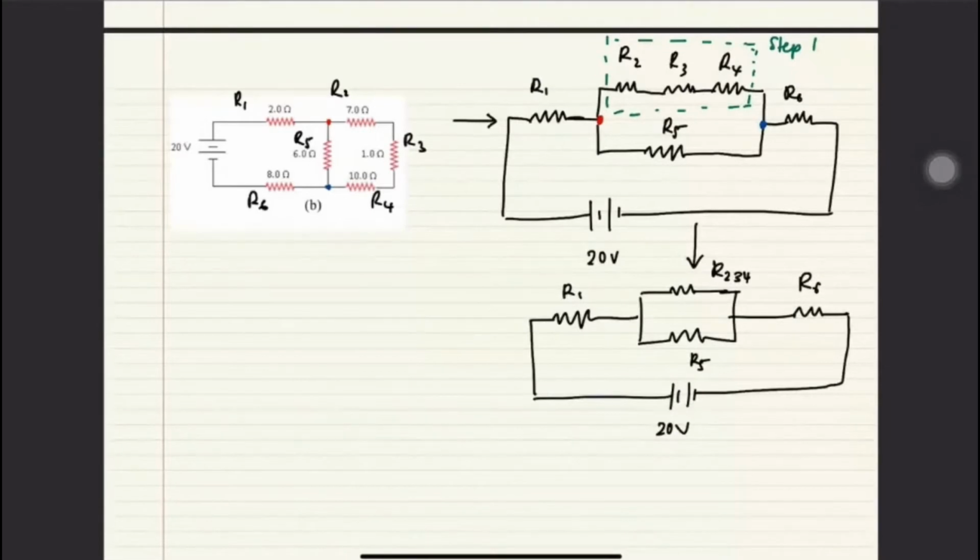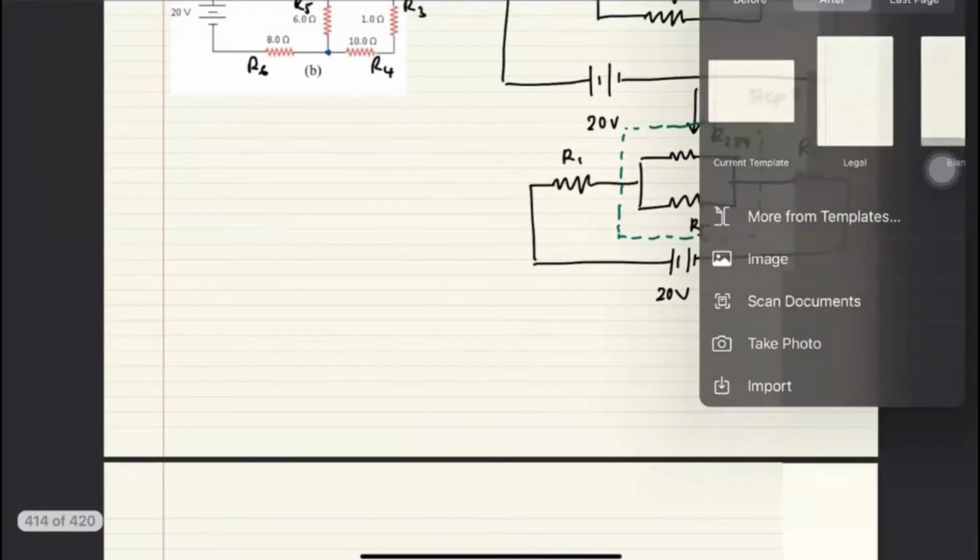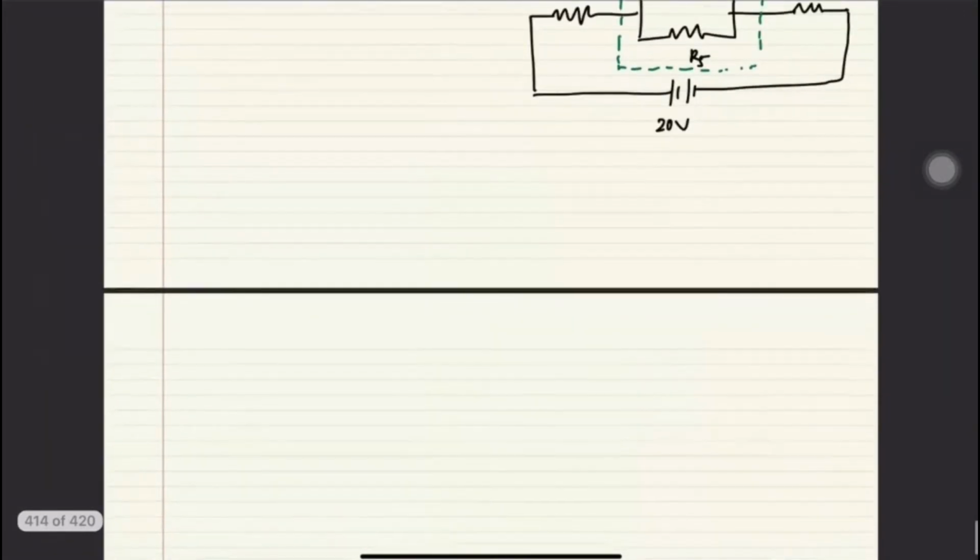Okay, the next step. Which one you want to combine? Parallel between R2, 3, 4 and R5. Yes, very good. So basically you want to combine your middle one here. This would be your step 2. If you do that, so you get the final step, which is so simple.